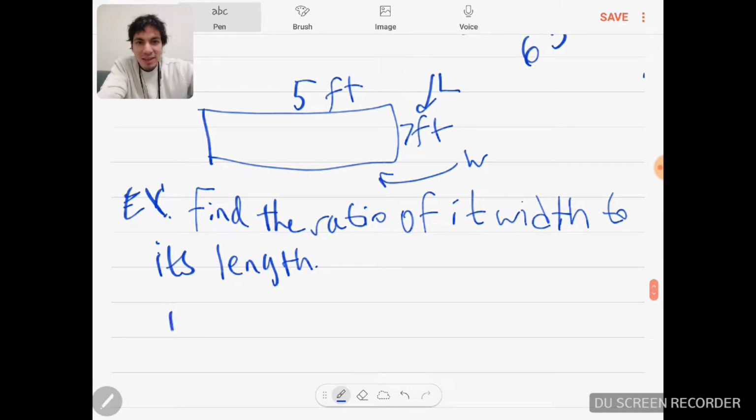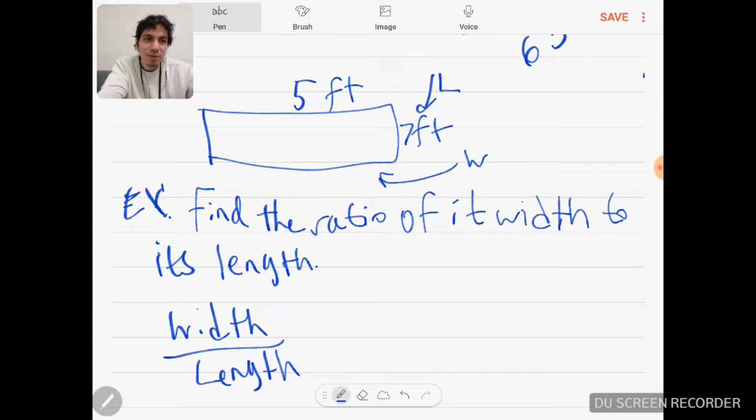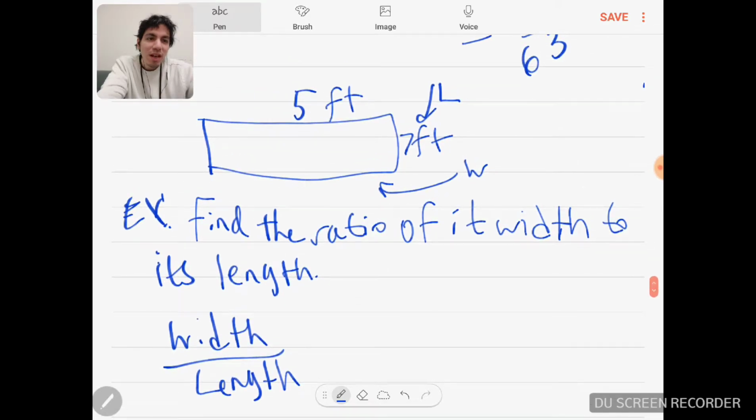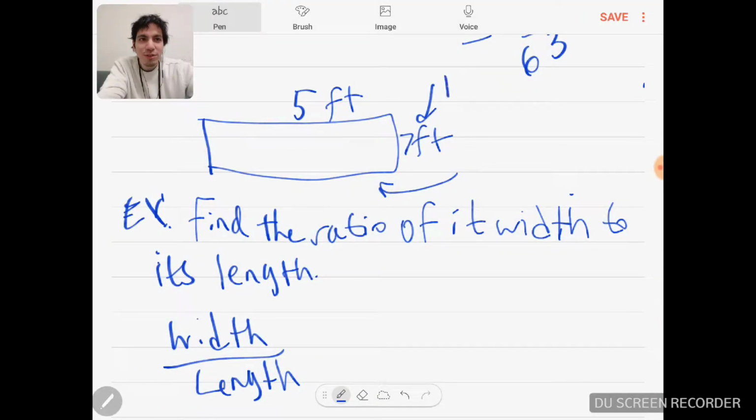Sorry. Actually, no. Oh, so sorry. I made a mistake. No, I was right the first time. I am so sorry, guys. I was right the first time. The longer piece is the length, and the shorter piece is the width.